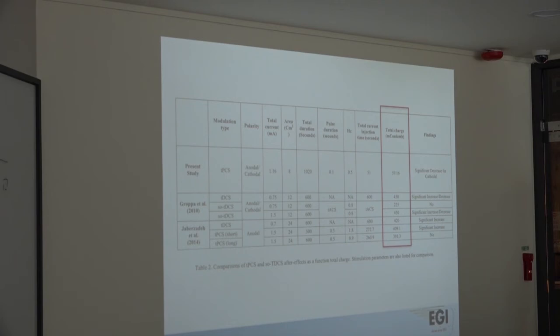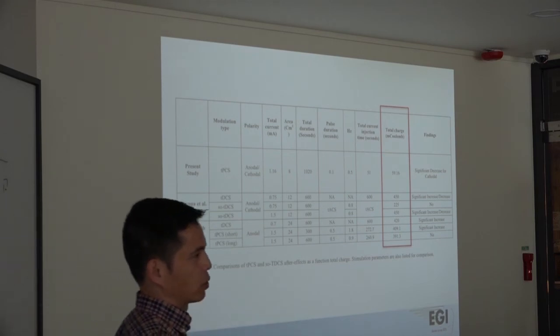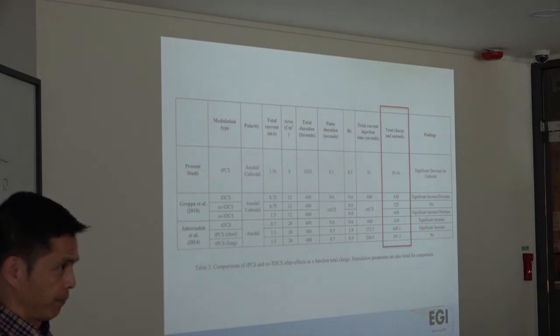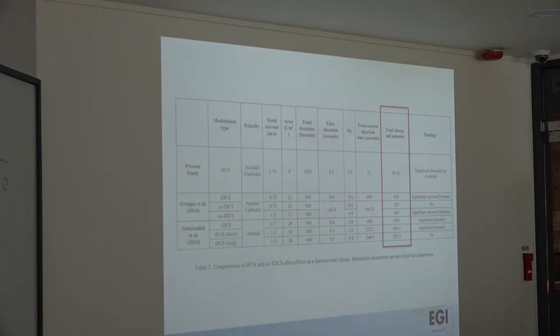But here is our present study compared to other pulse studies. You can see here, our pulse is still very short compared to others. But that's not a direct answer to your question, because you still have to run that. We haven't done it. That's something we'd like to do next, is separate that out.